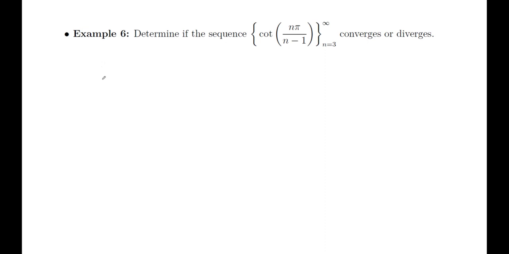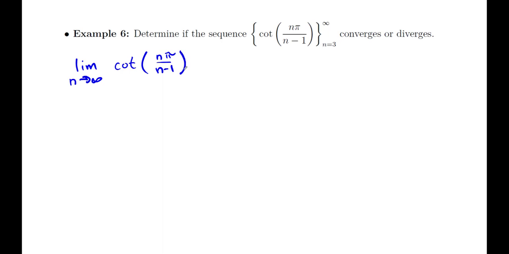What we need to do is take the limit and see if that limit actually exists. So we'll take the limit as n goes to infinity of the cotangent of n pi over n minus 1.